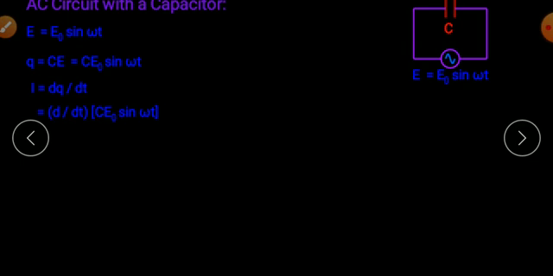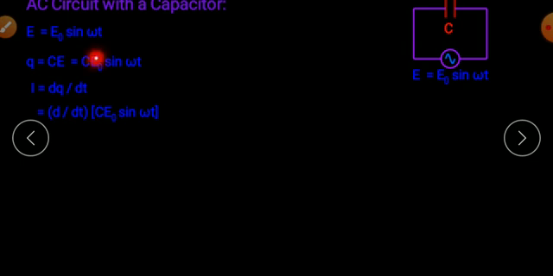any instant. Since there is no resistance in the circuit, the instantaneous potential difference is given by Q upon C. So from this, Q equal to CE, and we can write Q equal to C E naught sine omega t. The instantaneous current I in the circuit is I equal to dQ over dt. Putting the value of Q, it will be d over dt of C E naught sine omega t.